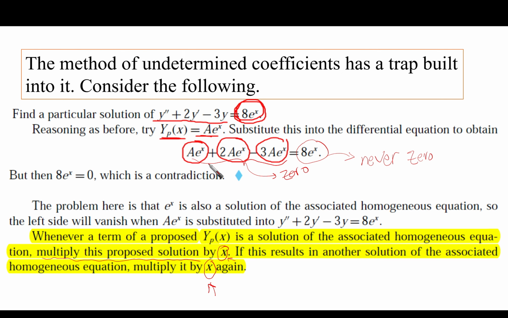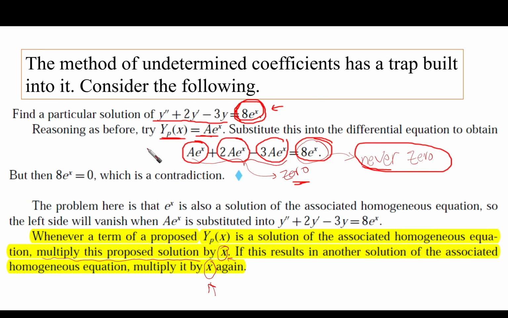Look at this left-hand side. It is 0, and it should equal 8 e to the x, the right-hand side, which is never 0. So the left-hand side is 0, but the right-hand side is never 0.